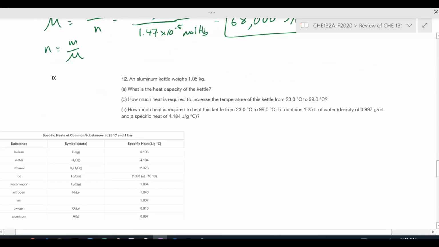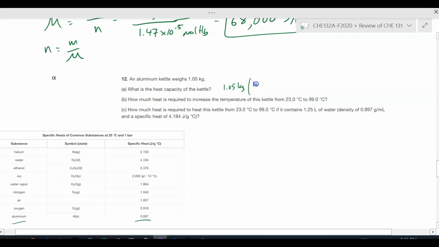These are from the thermochemistry, chapter 9. We have an aluminum kettle that weighs 1.05 kilograms. We're going to talk about heating up this kettle. We're asked what's the heat capacity of the kettle. So I printed part of the table here. Aluminum has a specific heat of 0.897 joules per gram times degree C. So we have here 1.05 kilograms.